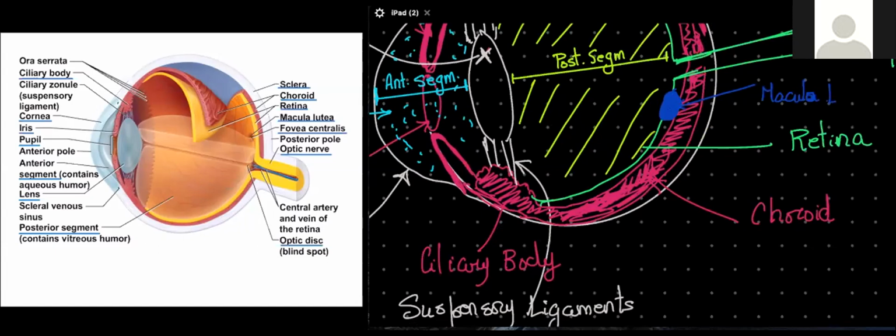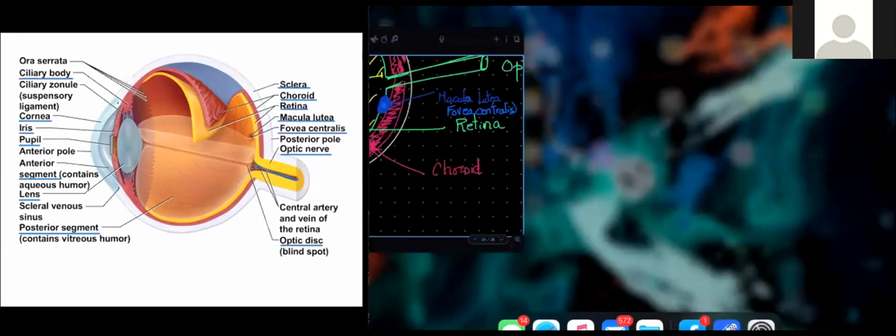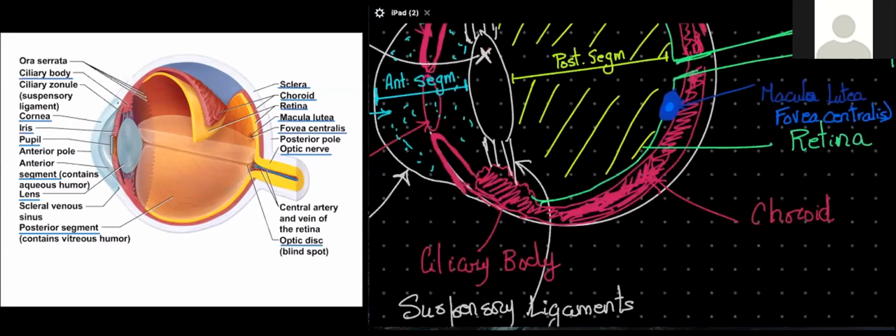Macula lutea. And it has a central part in it. This is called the fovea centralis. Fovea centralis is this central part of the macula lutea.